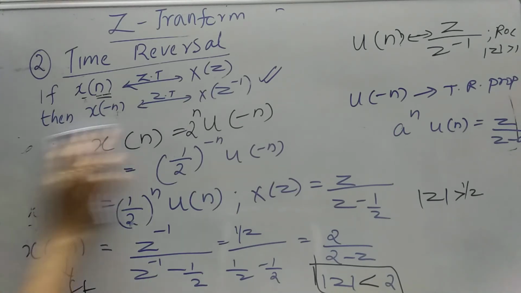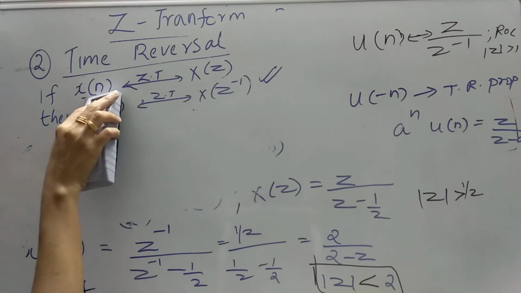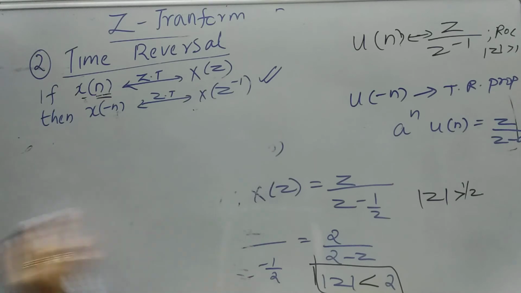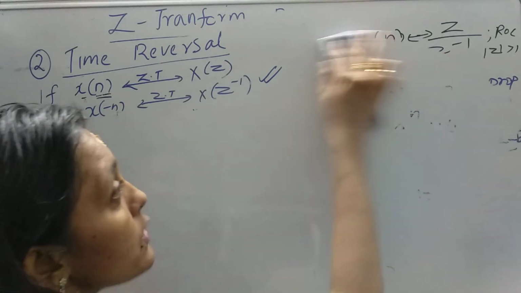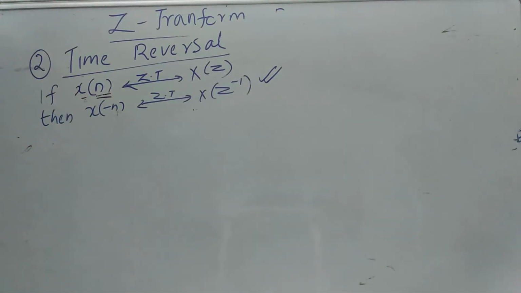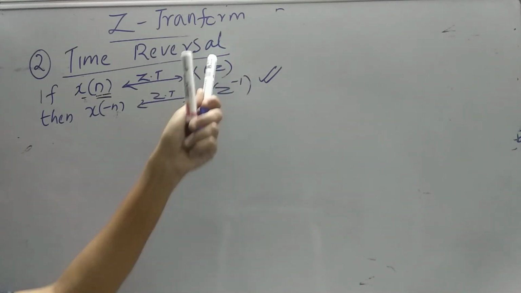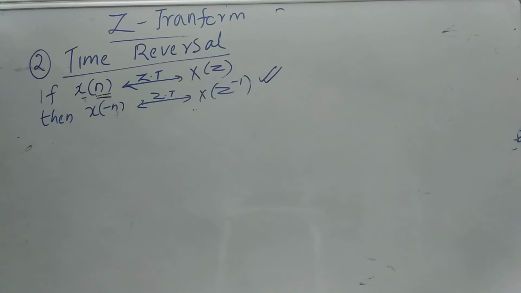So time reversal property is where if x of n has a z transform pair x of z, then x of minus n, that is a reversal or the image or the inversion of that signal, is equal to x of z raised to minus 1. Or we can say that when a signal is folded, the coefficient of z raised to minus n becomes the coefficient of z raised to n.